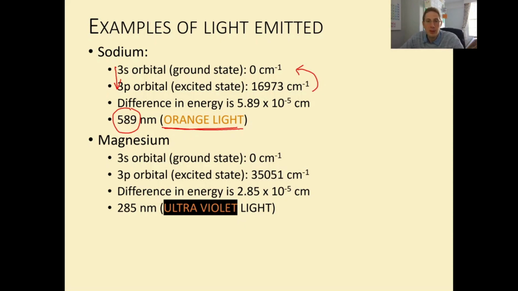Magnesium, if an electron is promoted from the 3s to the 3p orbital, when it drops back down from the 3p to the 3s, the difference in energy corresponds to light at 285 nanometres. This is in the ultraviolet, and this is why it does not give a visible colour in a flame test.